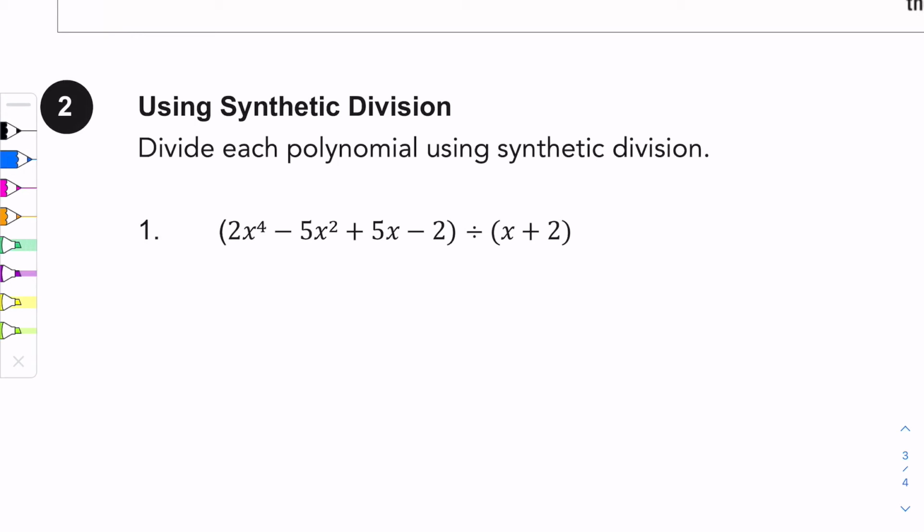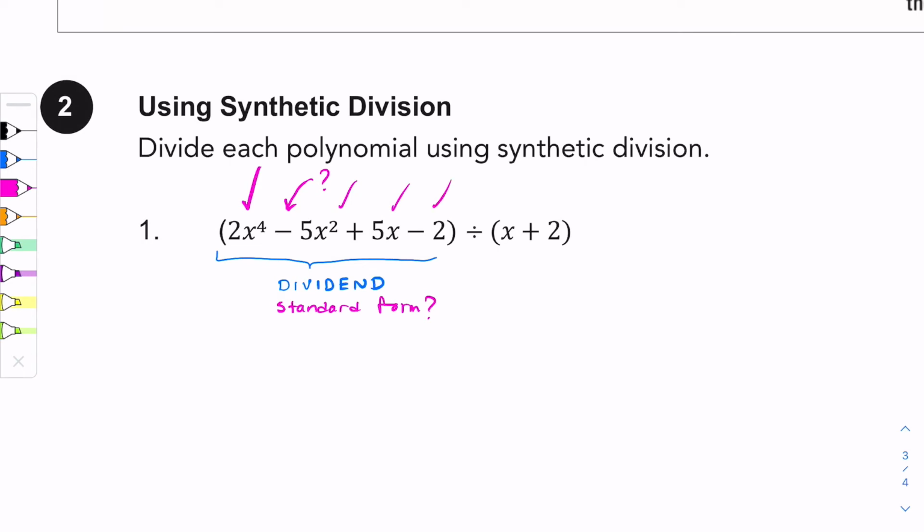So we still have the same starting format. This is still called your dividend, and you still have to check for all terms. So meaning you're still checking to see if it's in standard form. So we have an exponent of 4. We're missing an exponent of 3. 2, 1, 0. So we do have to alter this one a little bit.